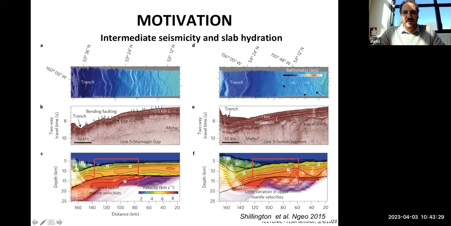So faulting, water, production probably of serpentine, or at least a hydrated mineral. And in the end, that actually leads to intermediate depth seismicity. Whereas here, there is almost no faulting, little variation in the upper mantle velocities, and no or very little intermediate depth earthquakes.